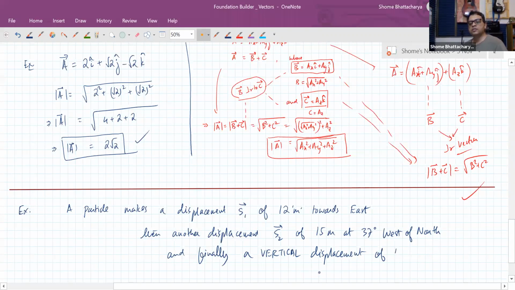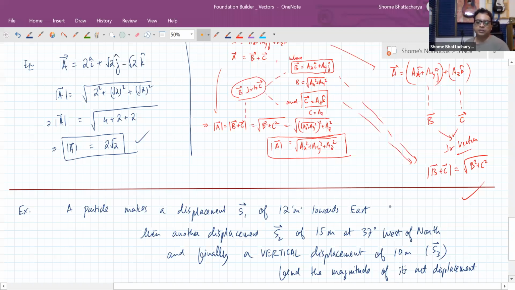Find the magnitude of its net displacement, which is nothing but the vector sum of these three displacements.